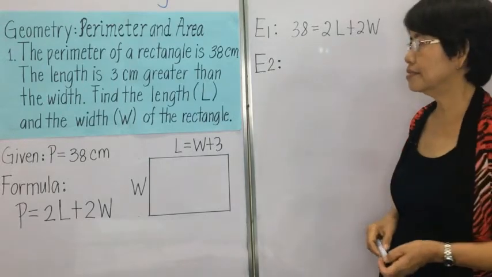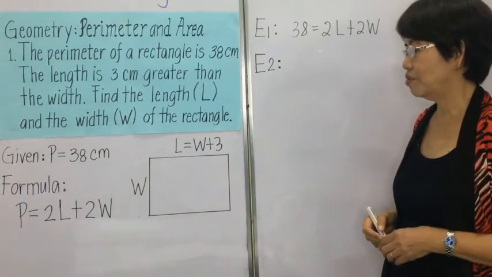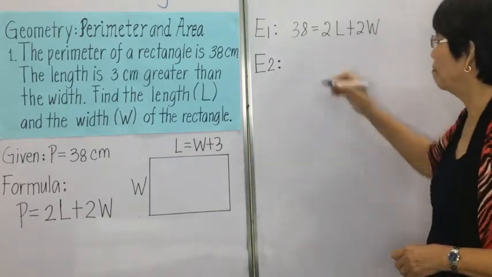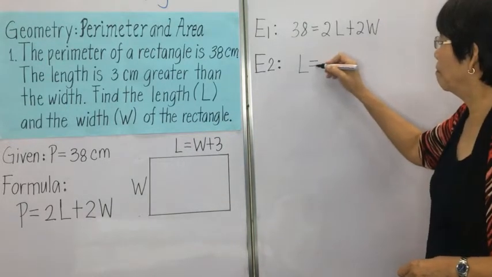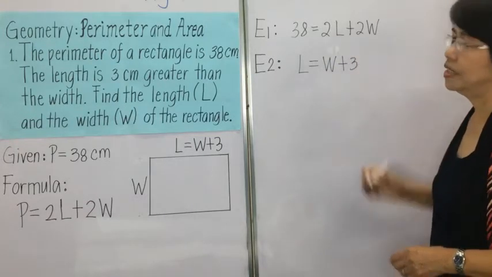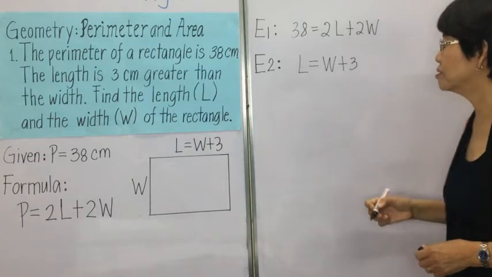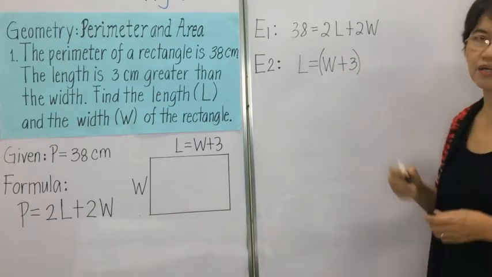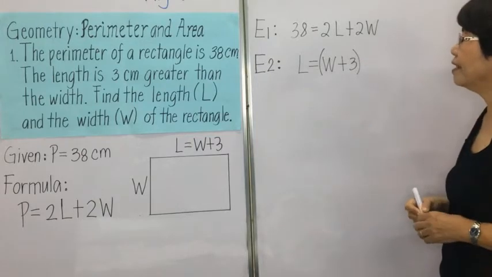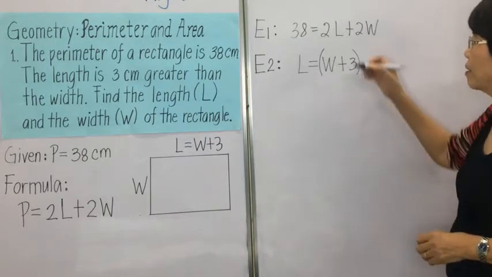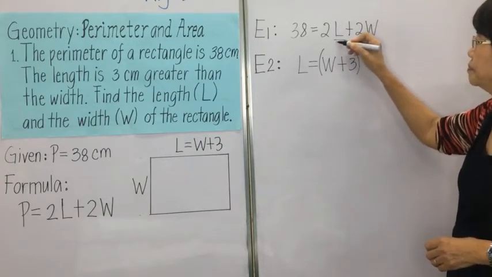The length is 3 centimeters greater than the width, or L is equal to W plus 3. And we can use substitution to solve this system. We can substitute the value of L in equation 2 into equation 1.